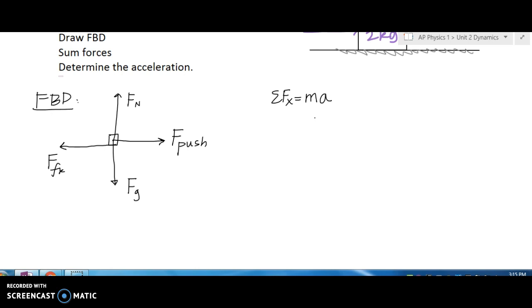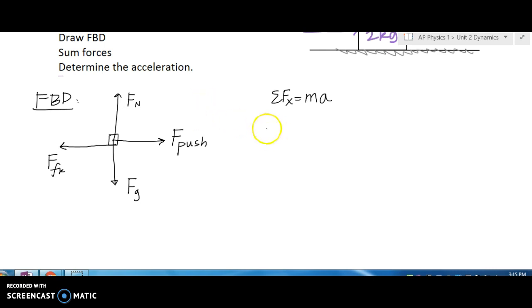Maybe the acceleration is negative. That would tell me that there's so much friction that this push is not enough and it's slowing down. If the acceleration is positive, then I know that my push is bigger than the force of friction and it's speeding up. There's a lot of things embedded in the meaning of that acceleration.